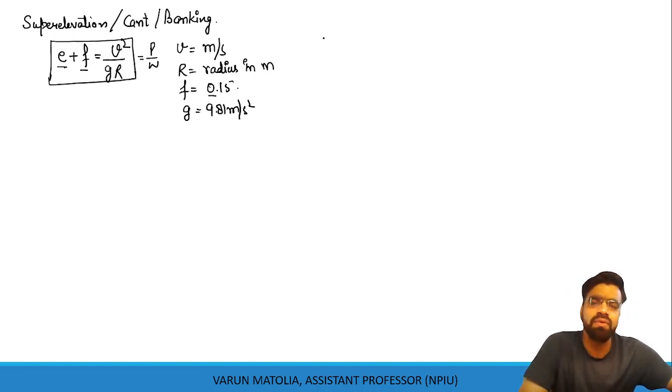Now this equation can also be written in terms of velocity V, which is in kilometer per hour. We can express this E plus F equals V square. How do we convert small v into capital V, or meter per second into kilometer per hour? This is the multiplication or division factor which we use to convert vice versa.